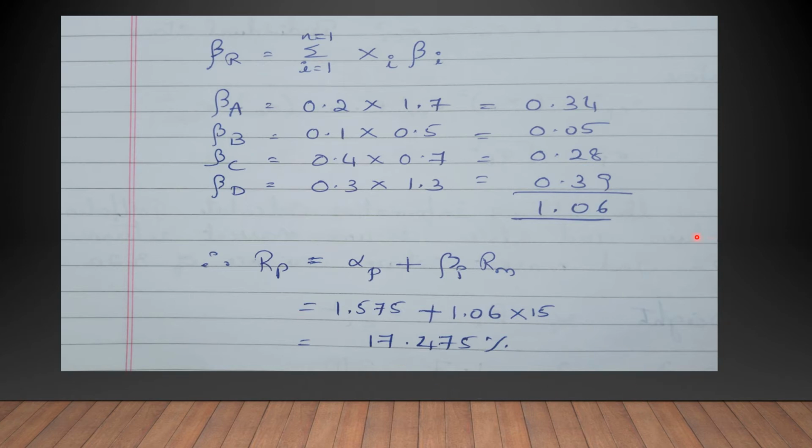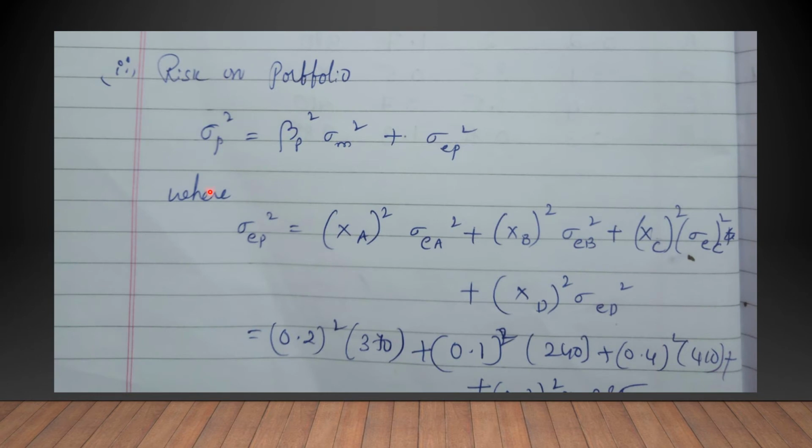So next we have to go for the risk part. So risk on portfolio we have to calculate. Here the formula for risk on portfolio is standard deviation p square equals beta p square into standard deviation m square plus standard deviation ep square.